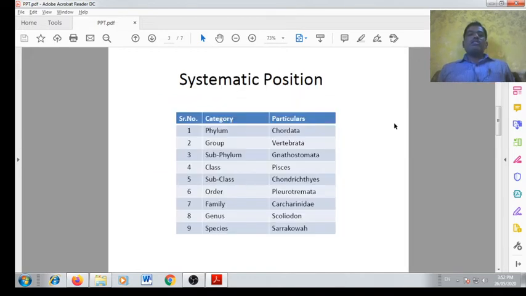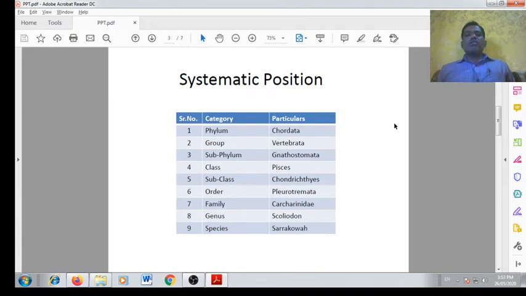As far as the systematic position or classification of Scoliodon is considered, Scoliodon is included in phylum Chordata because it consists of a dorsal tubular nerve cord, notochord, and pharyngeal gill slits.